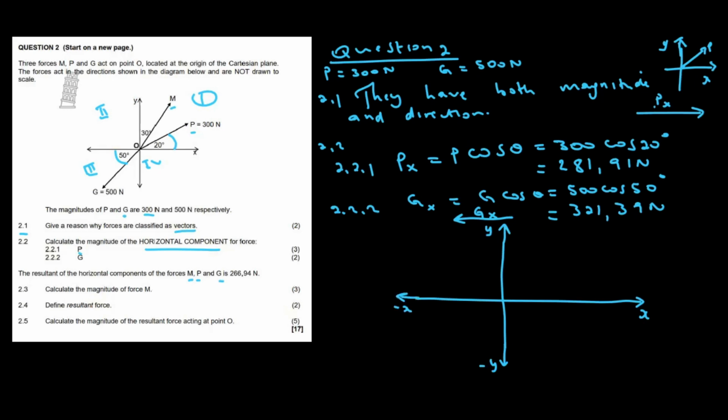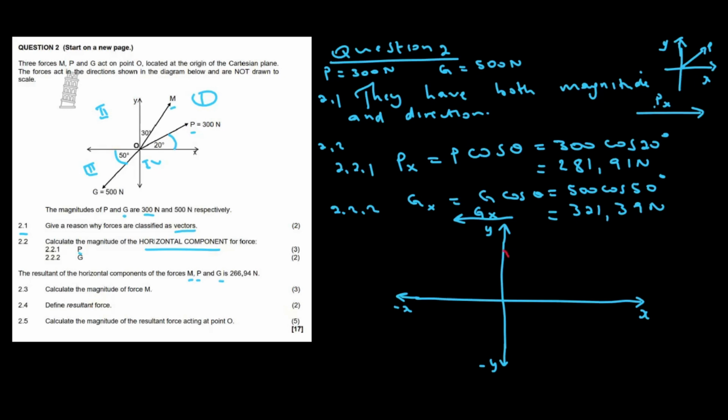And what I can do, instead of writing vector M, P, and G, I can now write the components of these vectors in the Cartesian plane, meaning I can write the horizontal and vertical component of force M in the Cartesian plane. Likewise, components of P and components of G. Okay, so in the first quadrant, the vertical component of M is going to be upwards.